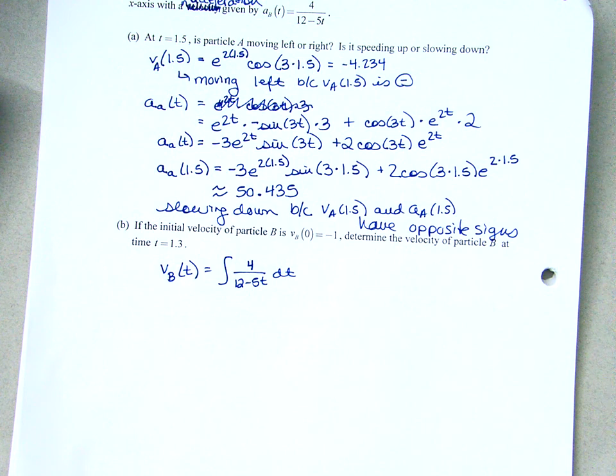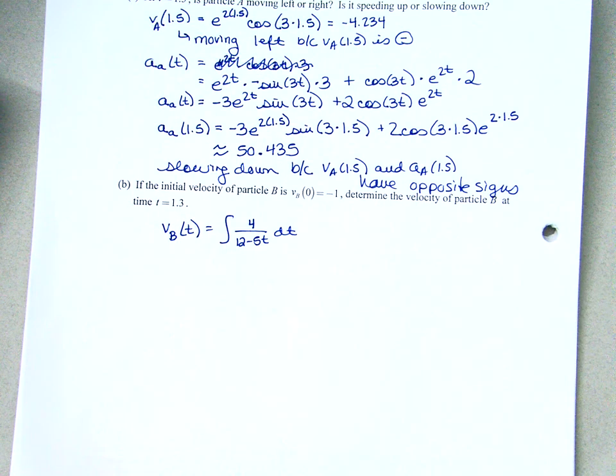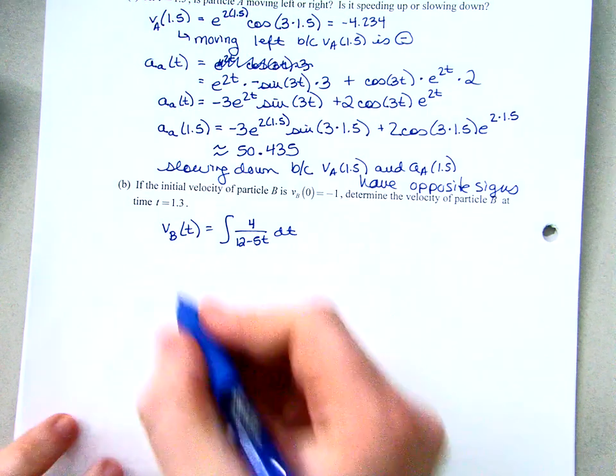Honestly, the rest of the work in this part is exactly what we did last time with those initial value problems. So see what you can do. I do want you to give an exact value for C. But when you go to find your final velocity, we can just give decimals. And I hope there's going to be use substitution involved in your work. There should be.